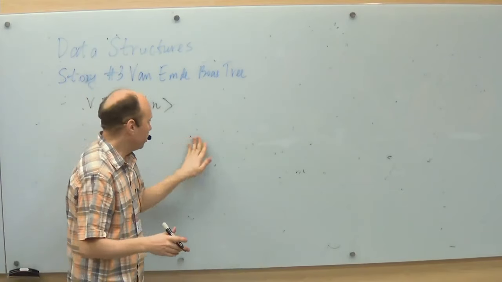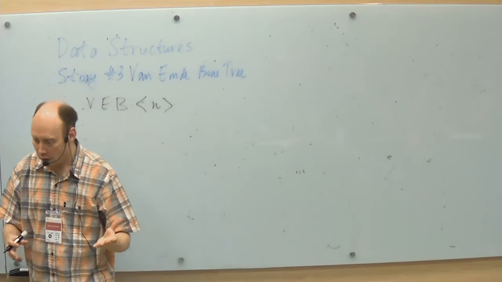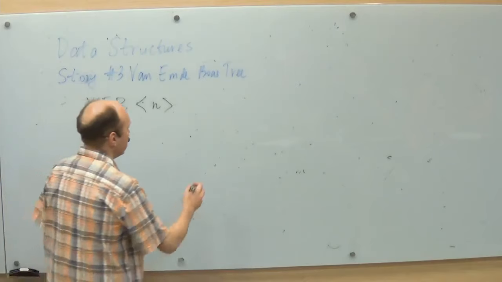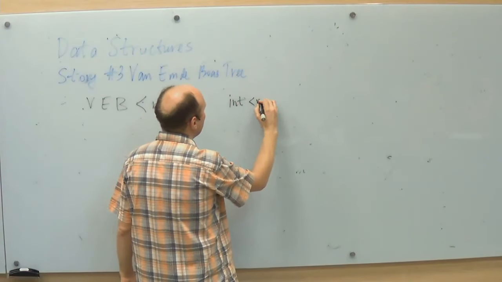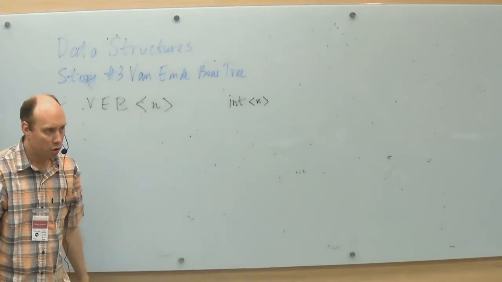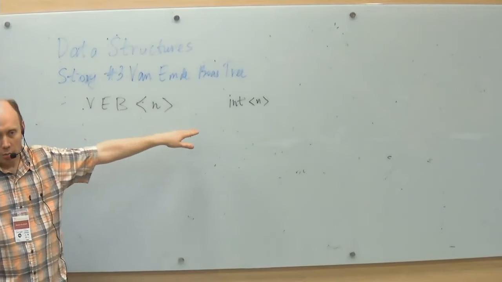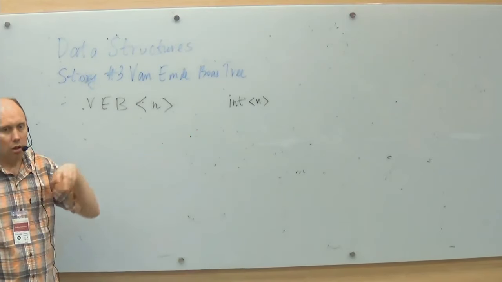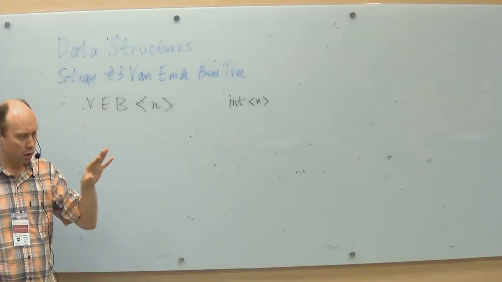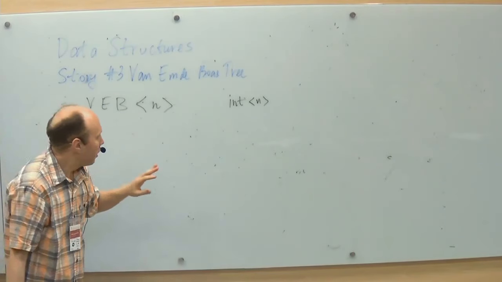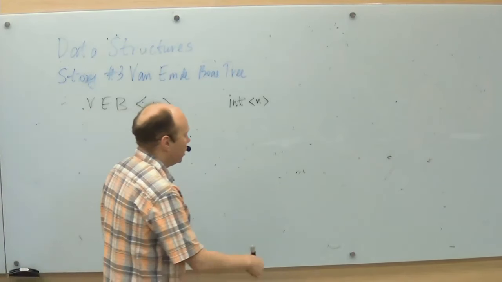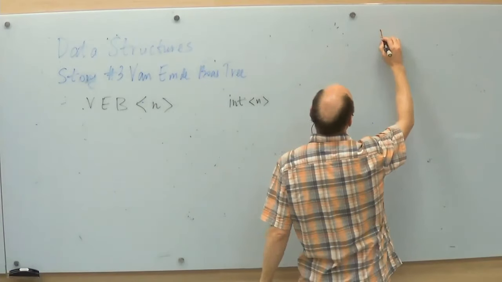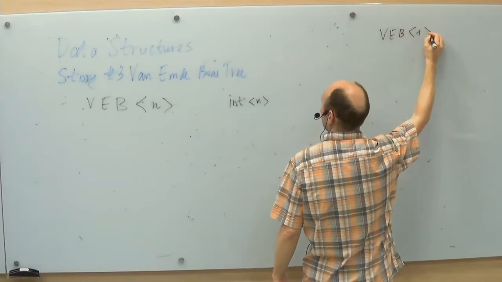I will use, although it's not in our language actually, the notation int of n, so that we have an int with n bits, just to explicitly show how it works. Okay, so first of all, let's talk about the van Emde Boas tree of 1.